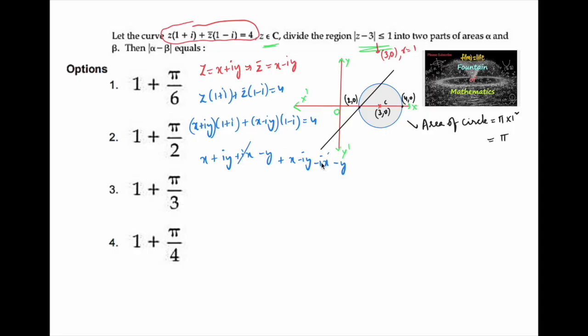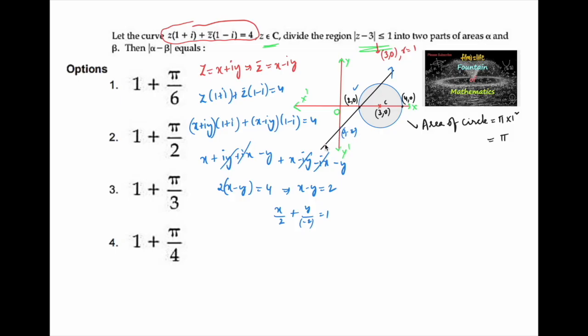So here ix and ix get cancelled, and iy and iy get cancelled, x plus x, that is 2x, and here y minus y, that is 2y, so 2 times of x minus y, which is equal to 4. So we got the line equation x minus y is equal to 2, or we can say x upon 2 plus y upon minus 2 is equal to 1. So x intercept is 2 comma 0 and y intercept we can say minus 2.